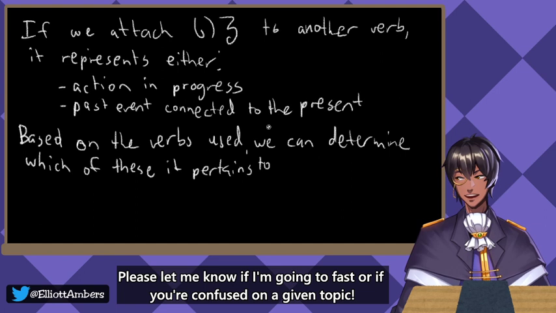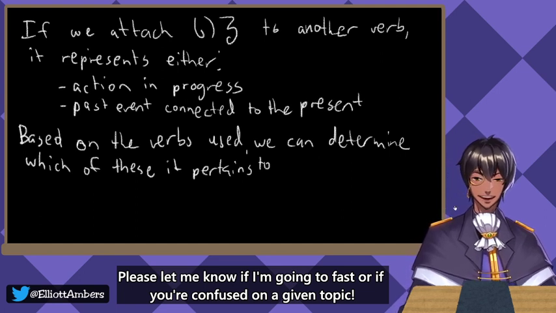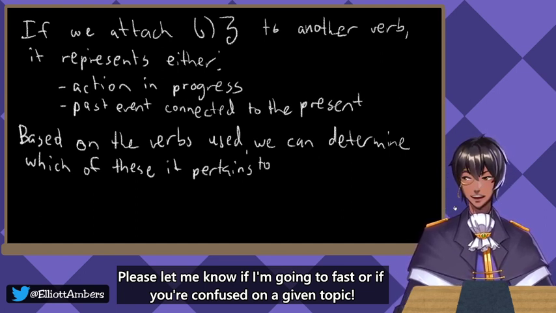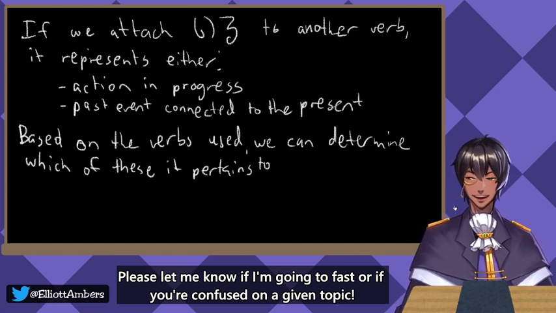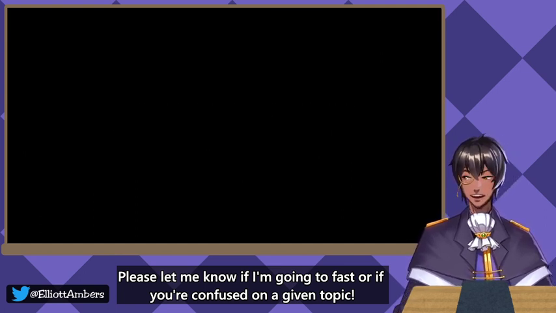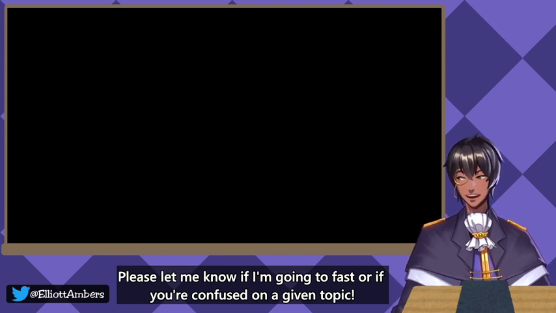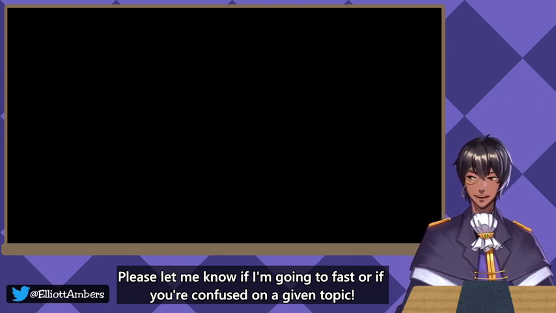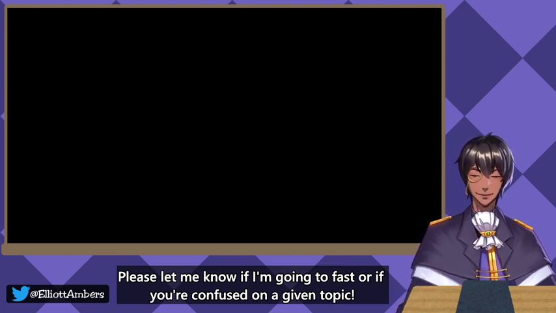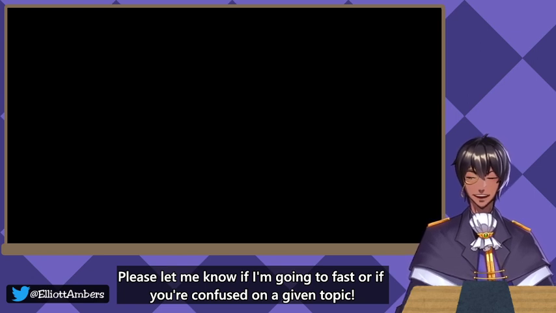He wouldn't know it if he didn't meet her in the past. So that is what attaching that iru, that imasu, represents. However, that's with verbs. This is essentially attaching a verb to iru in order to get the understanding that an action is happening at that current moment. And it's just another use for that te form.